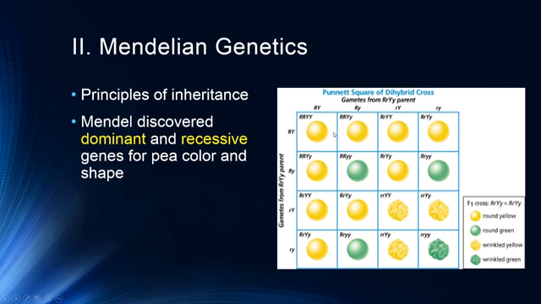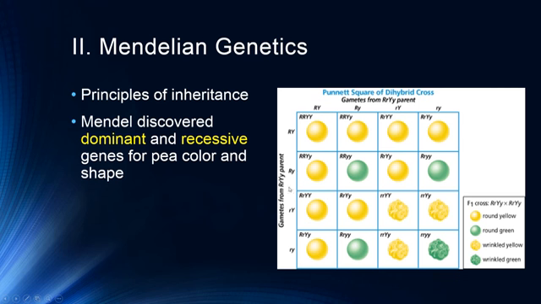So that's why all of these are round and yellow, because it doesn't matter who they mate with, we'll end up with a dominant round and a dominant yellow, because remember, the round split and the yellow split, and so those dominant traits will always be expressed no matter who they might mate with.